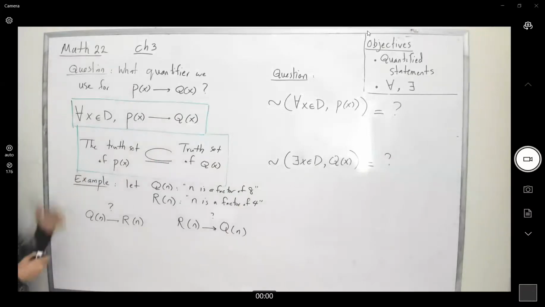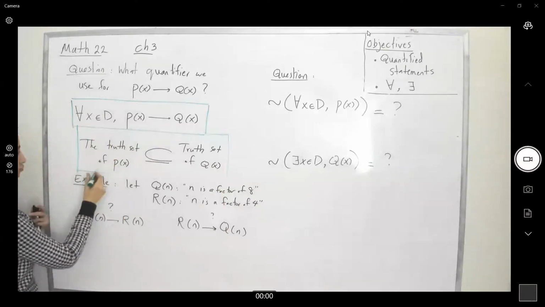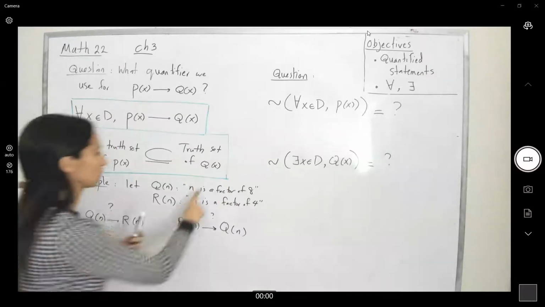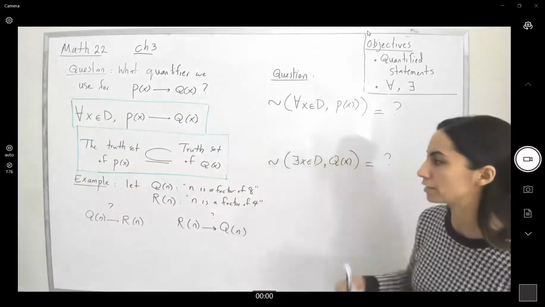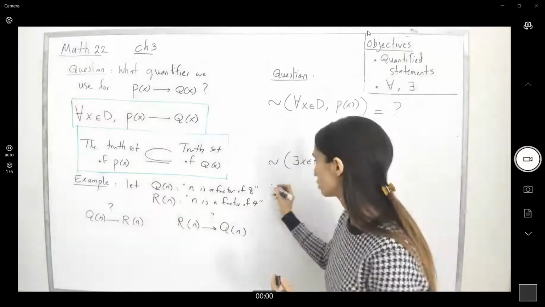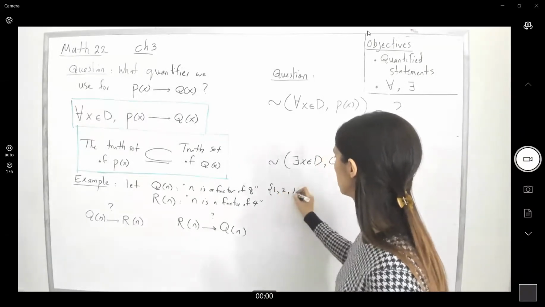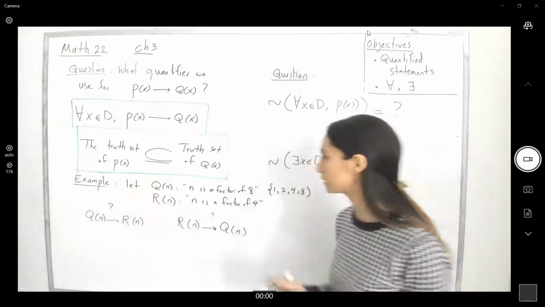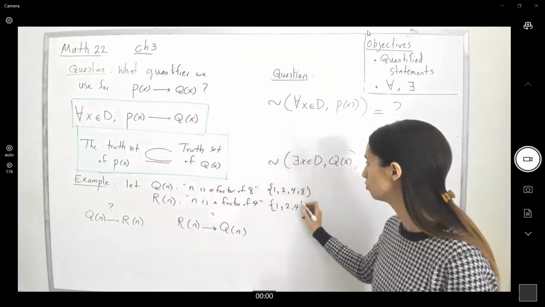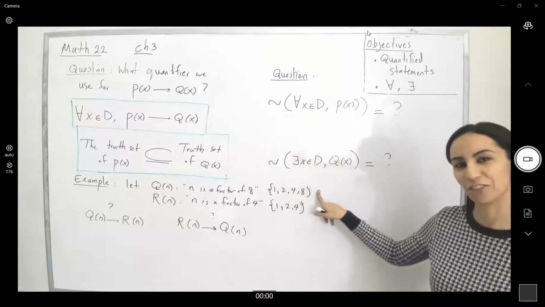Okay. What's the truth set for the first predicate? n is a factor of 8. Remember that when you are using n, it means that you're working with natural numbers. So the truth set is 1, 2, 4, 8, and n is a factor of 4, it means that the truth set is 1, 2, 4. Which set is a subset of the other set?